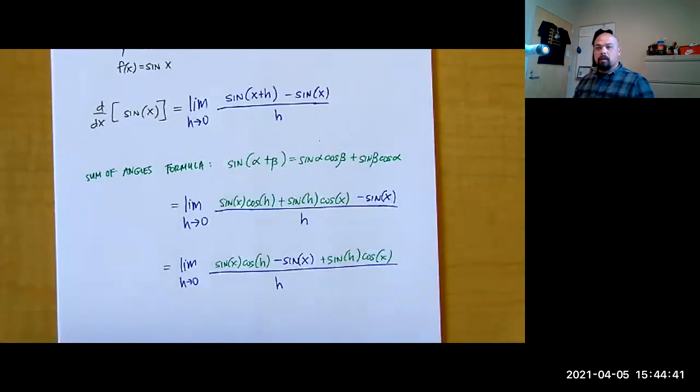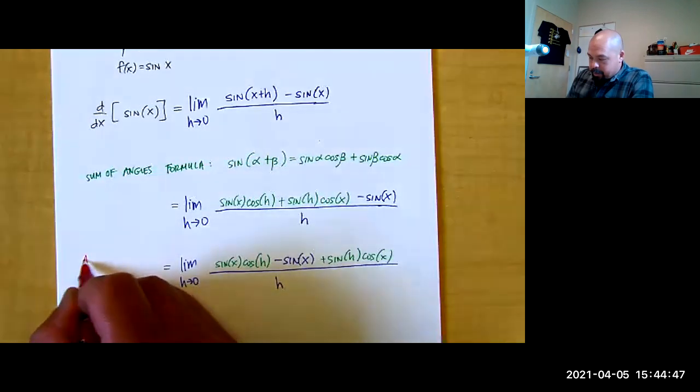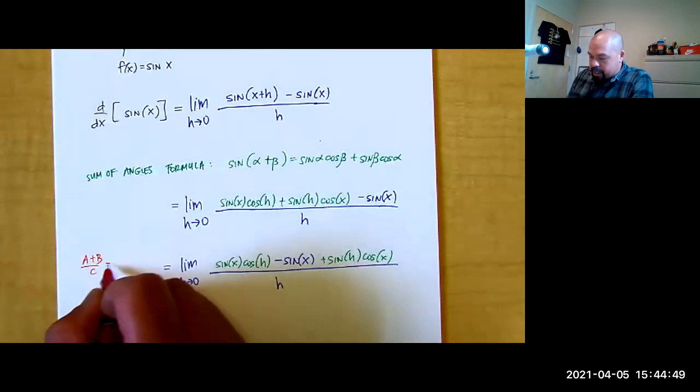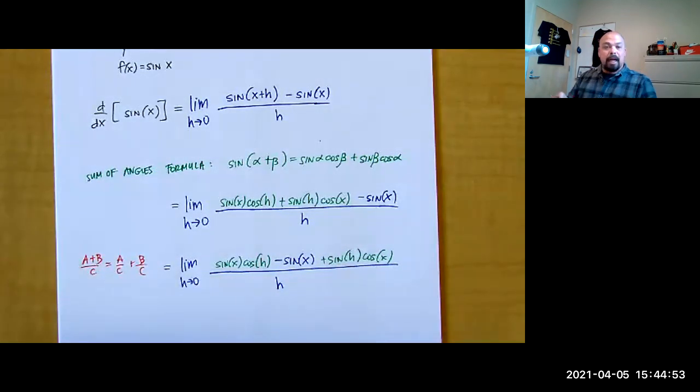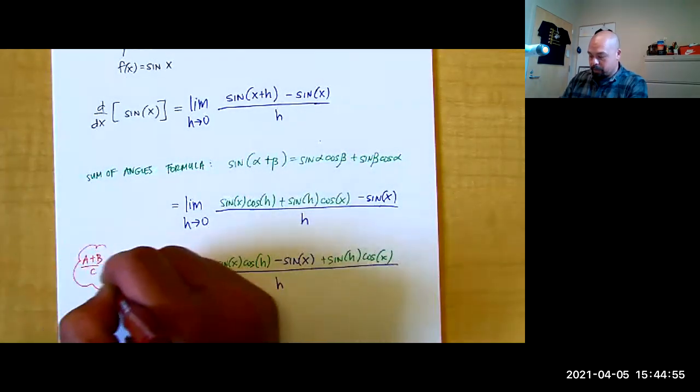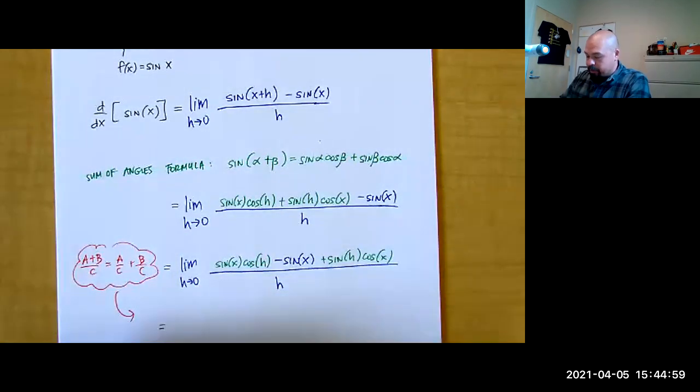Now, the whole bit about our fractions: if we have a plus b over c, that's the same thing as a over c plus b over c. I'm going to separate my fraction, my rational expression.